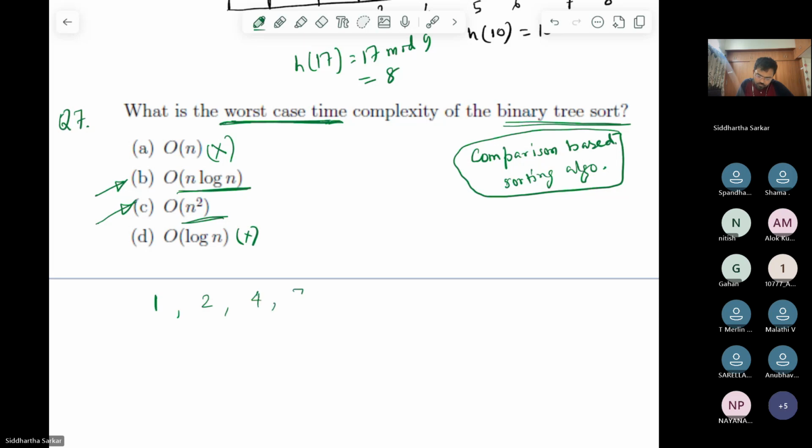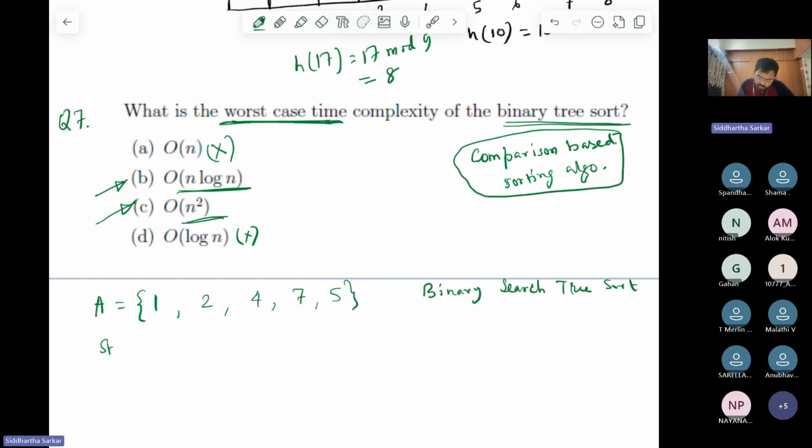Suppose this is the array that we want to sort. So how does binary tree sort work? Actually, it is supposed to be binary search tree sort. Okay, so what it does is it forms a binary tree. So what is the first step?